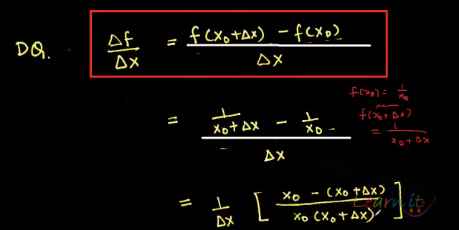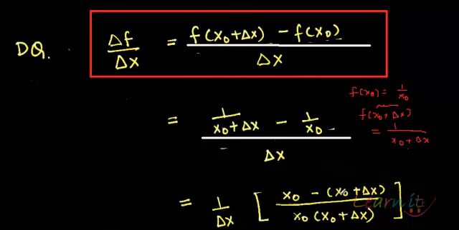So the denominator becomes x naught into x naught plus change in x. Over x naught plus change in x, I get x naught, minus, and where the denominator was x naught, I get x naught plus change in x.